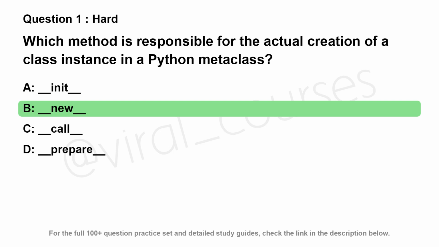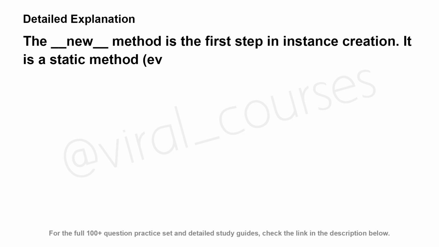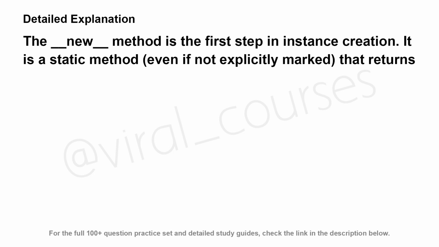The correct answer is B. The __new__ method is the first step in instance creation. It is a static method, even if not explicitly marked, that returns a new instance of the class.